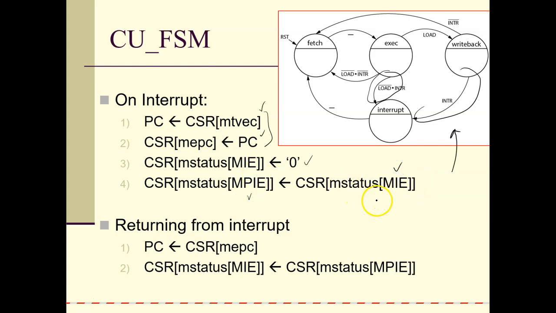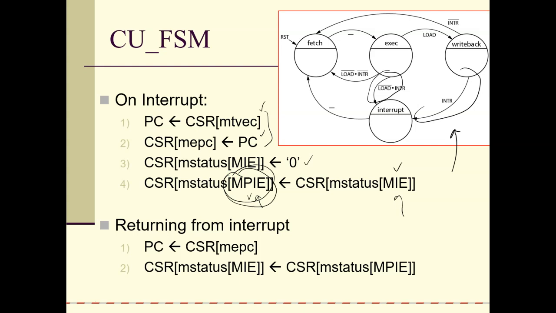And obviously, when I get an interrupt, the MIE bit's going to be 1, so a 1's going to be copied to this bit. So if I want it re-enabled, if I want to exit the interrupt service routine with the interrupts disabled, I need to turn this bit off.